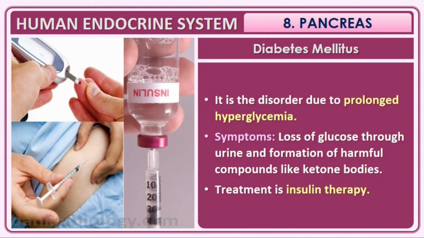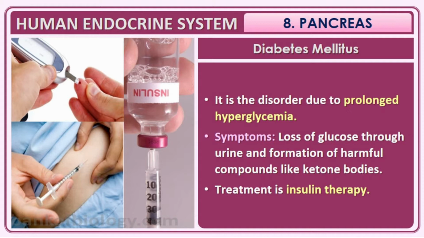Diabetes mellitus. What is meant by diabetes mellitus? It is a disorder due to prolonged hyperglycemia. Hyper means more; a high blood sugar level is known as hyperglycemia.